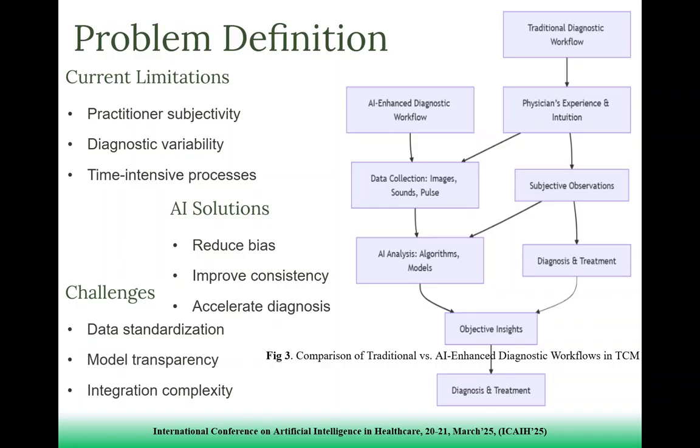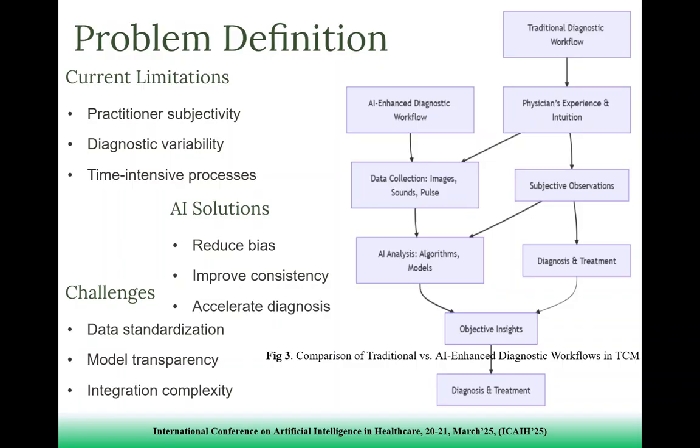On the side of the AI solution, there are also problems. But with AI support for TCM, it can reduce bias and improve consistency, so the diagnosis of the TCM practitioner can be less biased, keep consistency, and accelerate diagnosis. It is time saving for practitioners.